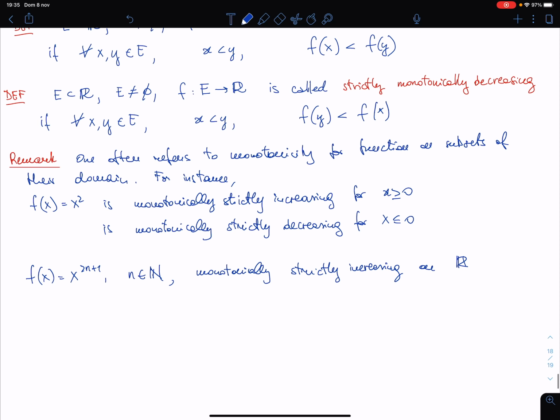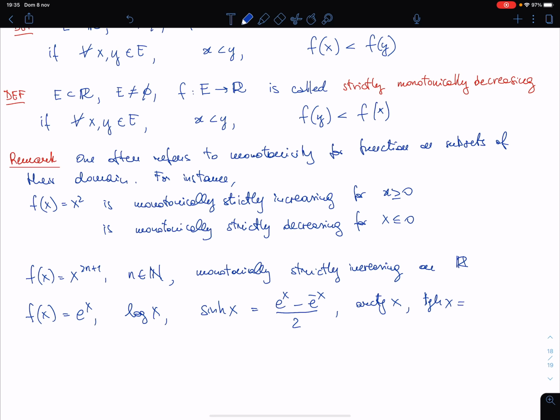Other functions, for instance, e to the x, log of x, hyperbolic sine of x, I remember the definition, is equal to e to the x minus e to the minus x divided by 2. Then the arctangent of x, hyperbolic tangent of x equal to e to the x minus e to the minus x divided by e to the x plus e to the minus x.